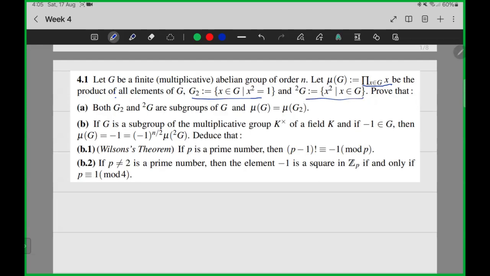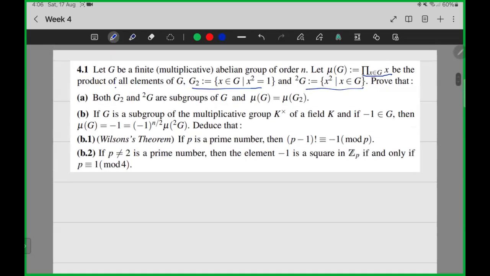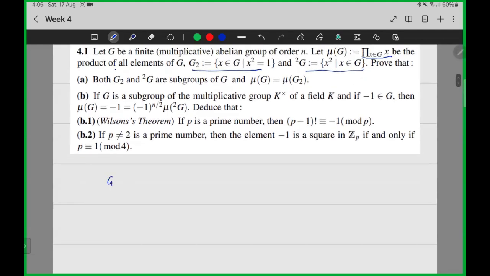Here we are not taking all elements of G, but we'll see. What is G2? G2 is the identity union the self inverses.